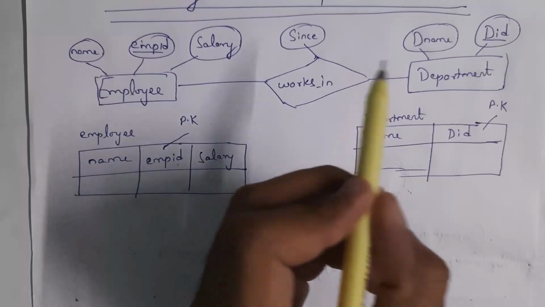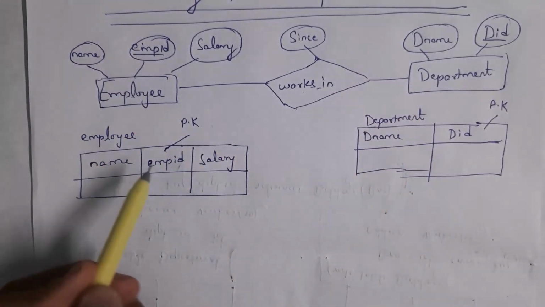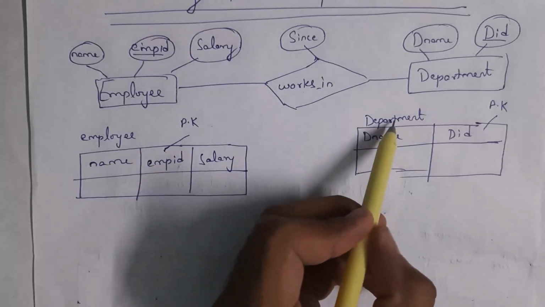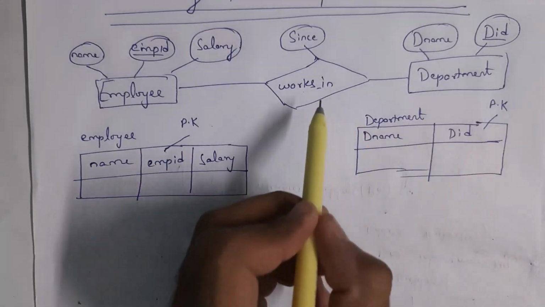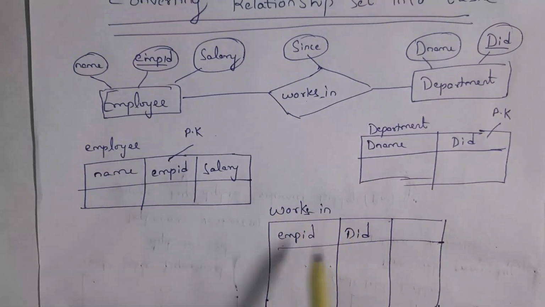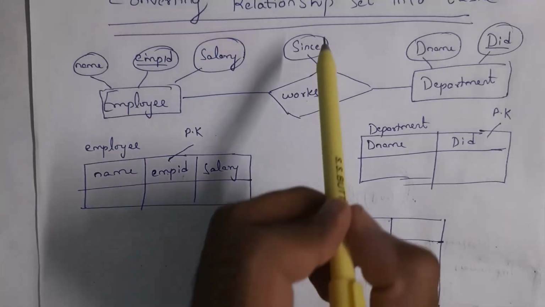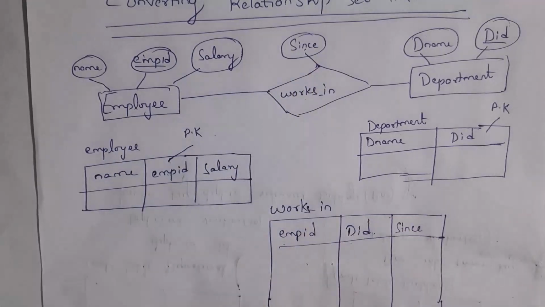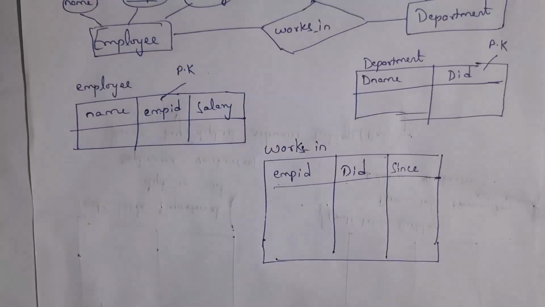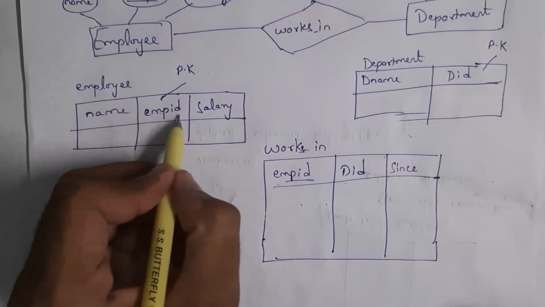Normally this relationship set contains the primary keys of both tables. Here for the employee table the primary key is employee ID, and in the department table the primary key is DID. So this works in table contains both primary keys. So in this works in table you need to create two columns, they are employee ID as well as DID, and the next column is since. So these are three columns in the works in table. Guys, just remember that I took this employee ID from the employee table's employee ID column.